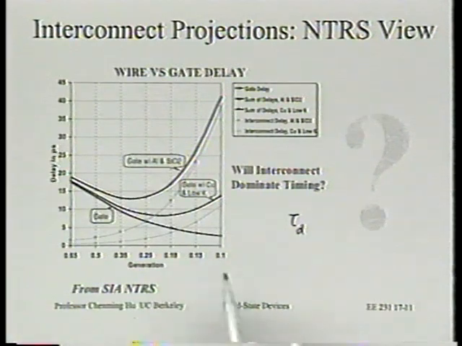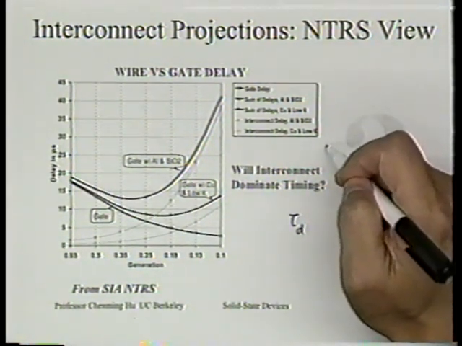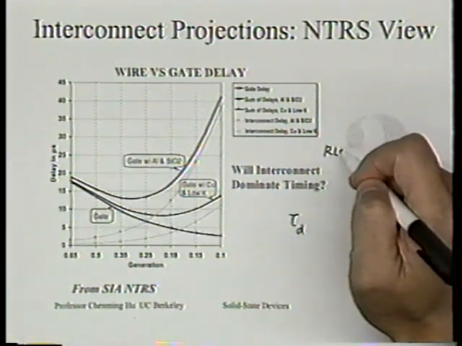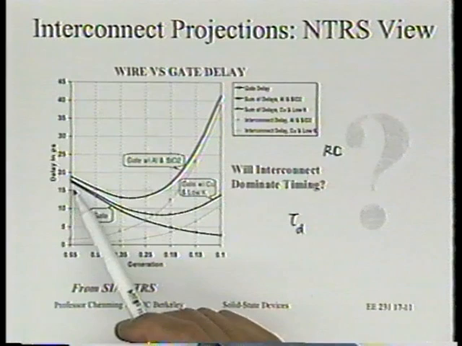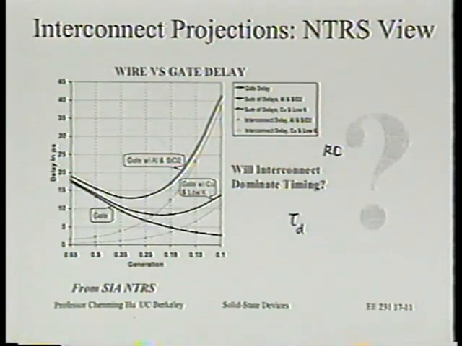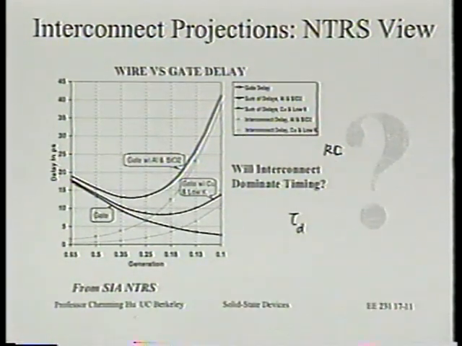On the other hand, if you look at the RC or RLC time constant, all right, let's just think of RC in this particular plot, not even RLC. The RC time constant, you can argue what kind of assumption was used, actually is getting longer and longer. This is because the line is smaller, therefore R may be large, right?